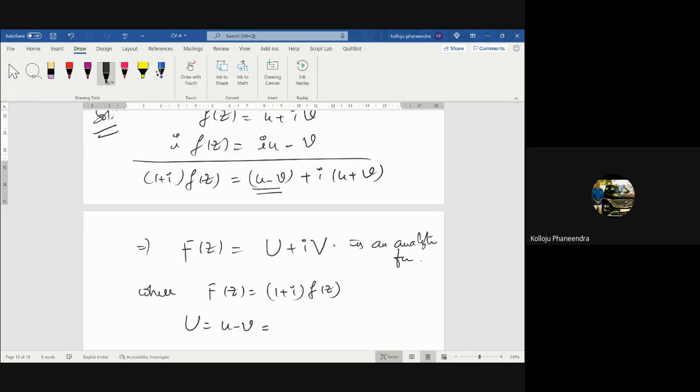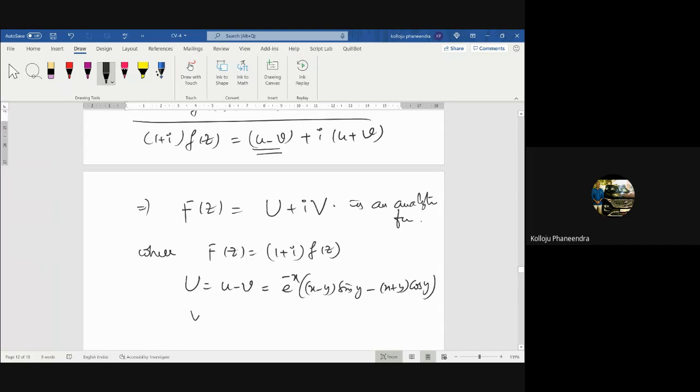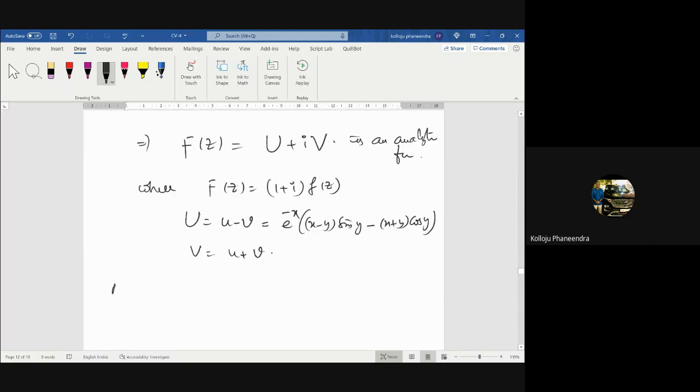What is that value given as? e to the power of minus x, minus y into sine y, minus x plus y into cosine y. And capital V is nothing but u plus v, which is unknown. Now what do I have to calculate? Now we have to find capital F of z, where the real part capital U is known.